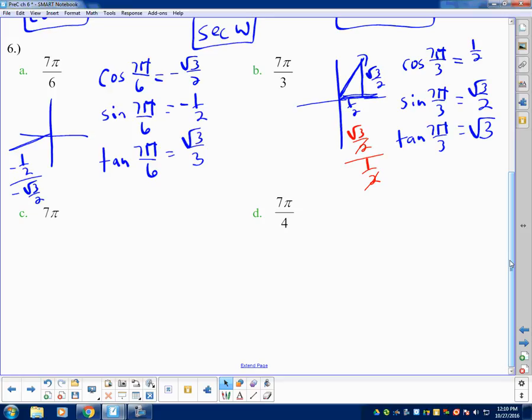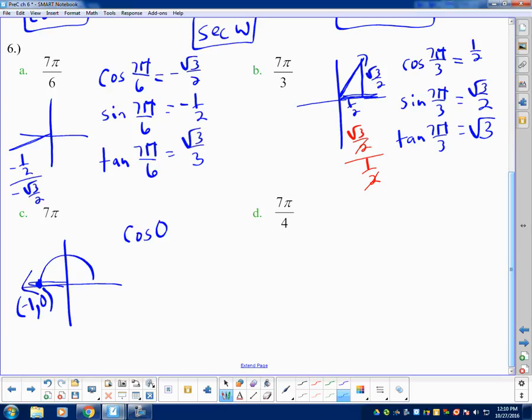All right, something like 7 pi. If I draw a picture of 7 pi, I'm going to go around once, twice, 3 times, and then land right over there. So I'm right there on the x-axis, actually at the coordinate -1, 0. So using that, I could say cosine of theta has to equal -1.